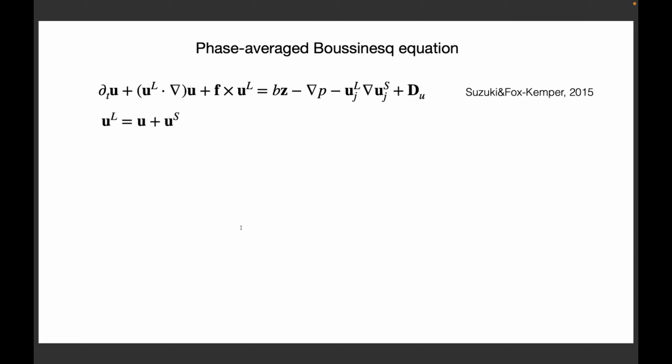The Eulerian velocity plus the Stokes drift is then the Lagrangian velocity. The effect of surface waves you can see basically in three terms: the advection term, the Stokes drift in the Coriolis term, and the Stokes shear force, which is responsible for generating Langmuir turbulence. The Stokes shear force together with the Stokes advection you can combine to what is called the vortex force, which is more famous.